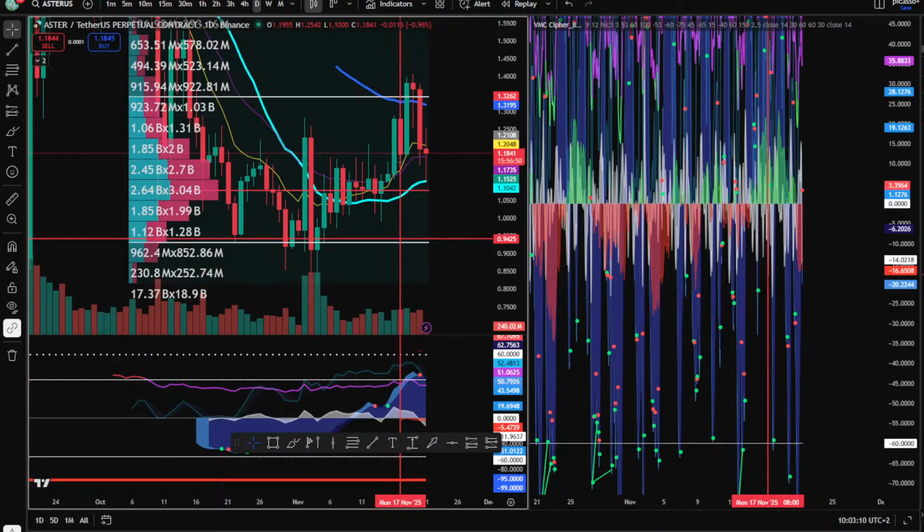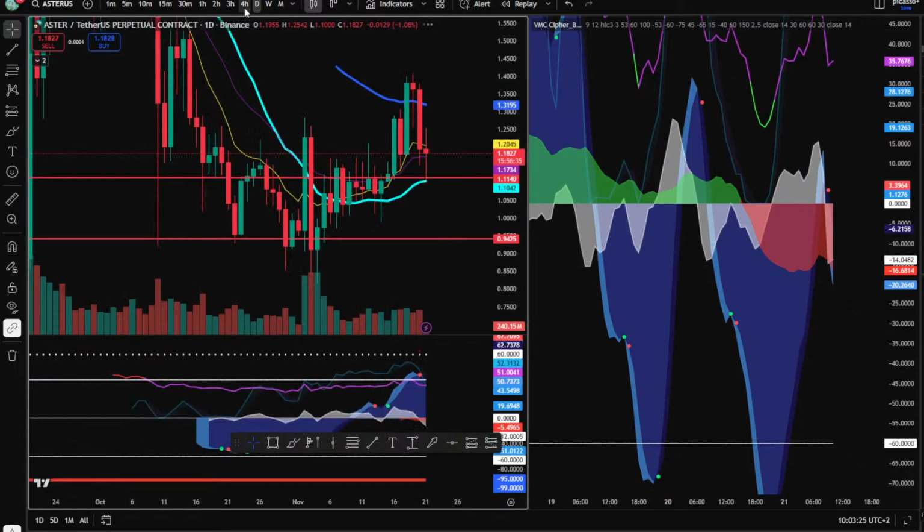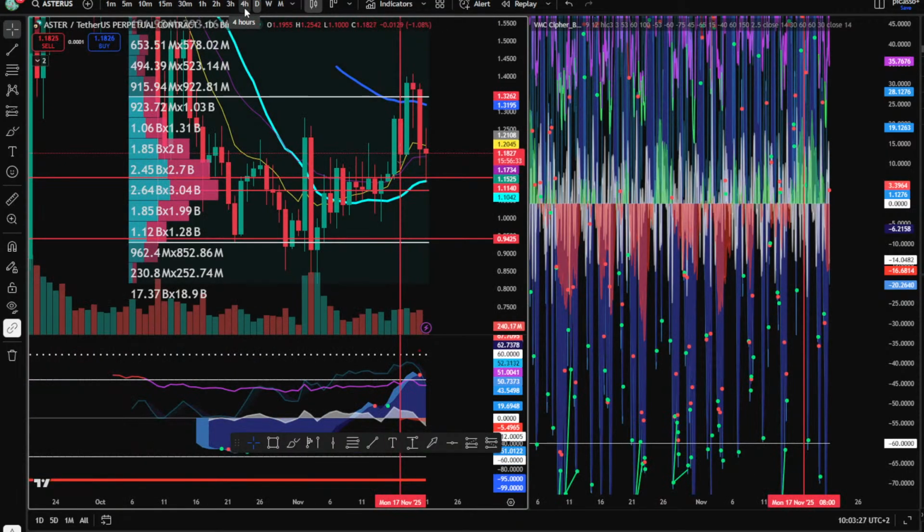Aster used to be a very good coin. Just make a video on it. Take profit. First take profit, I want a clean and easy one, would be here. And I don't know if we just touched it. Oh man, we just touched it. 1140. We've got to be very quick with these trades.